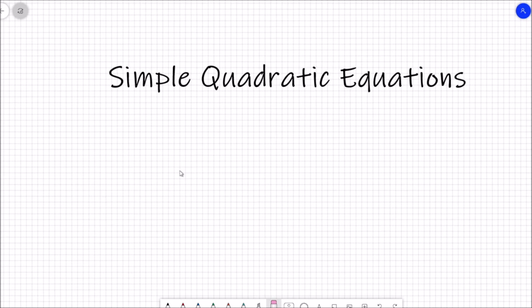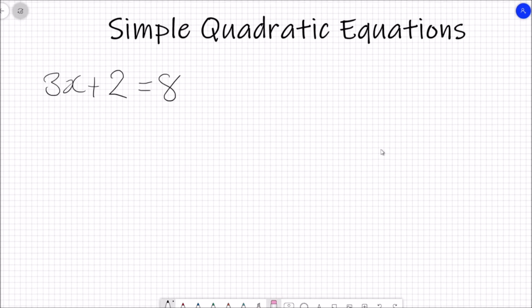So, quadratic equations. If you remember all the equations you've done in school so far, for example, let's say 3x + 2 = 8. This is called a linear equation because you can more or less represent it in terms of a point on a straight line.